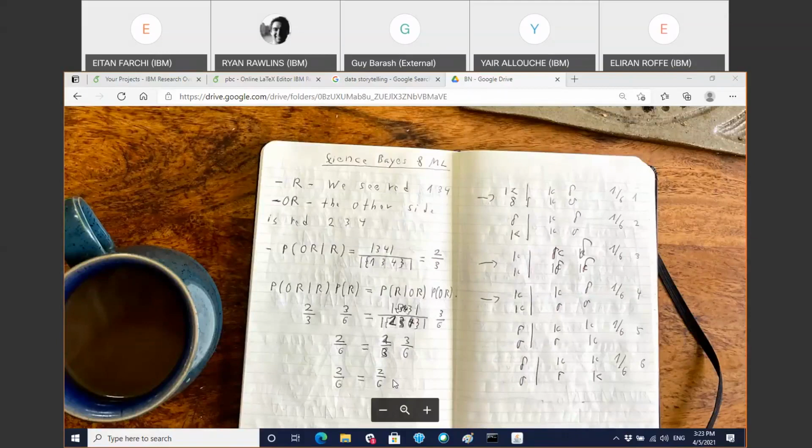So basically, we see that if we use the probability of the other side being red, the probability of this side being red, and the probability that if the other side is red, this side is red, we can update our estimation of the other side being red, given that we see that this side is red.